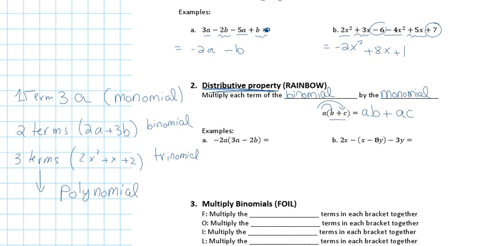So what's negative 2a times 3a? Negative 6a squared. Okay? Remember at this time we are multiplying. Okay? So negative 2 times 3 gives me negative 6. And then a times a is a squared.